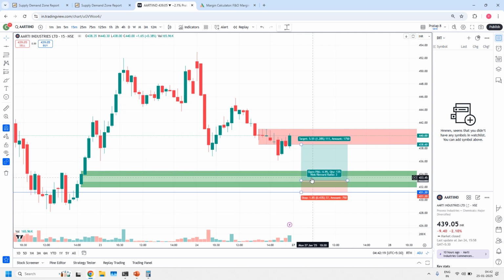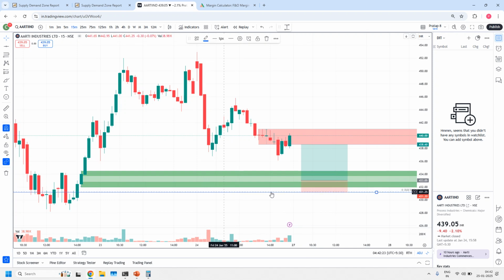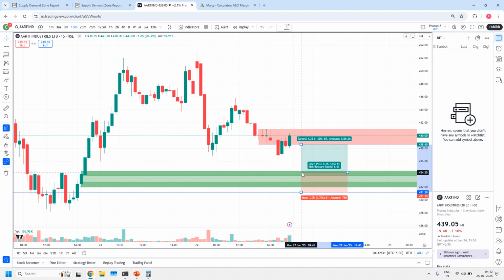What is the meaning of compromising? Rather than taking your trade at this fine-tuned area, with the stop loss at this blue color line, you will be taking your trade exactly at the distal line of this zone. But what about your stop loss? Your stop loss is below this 5-minute zone.